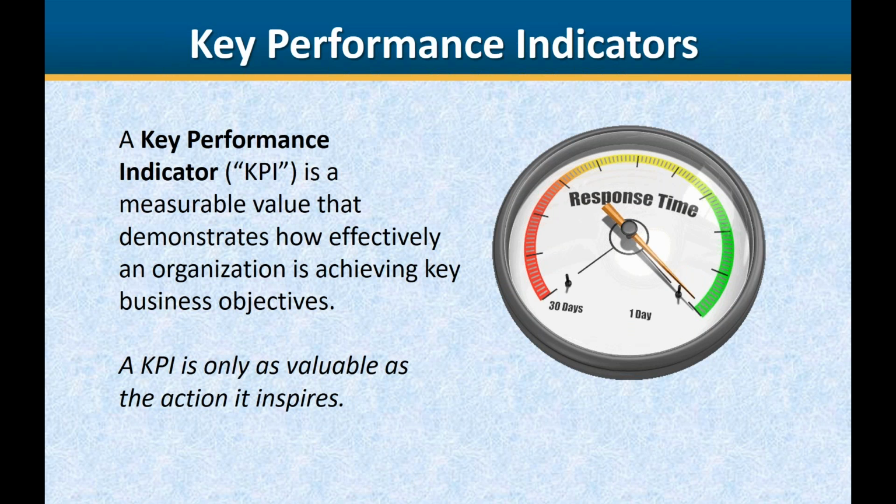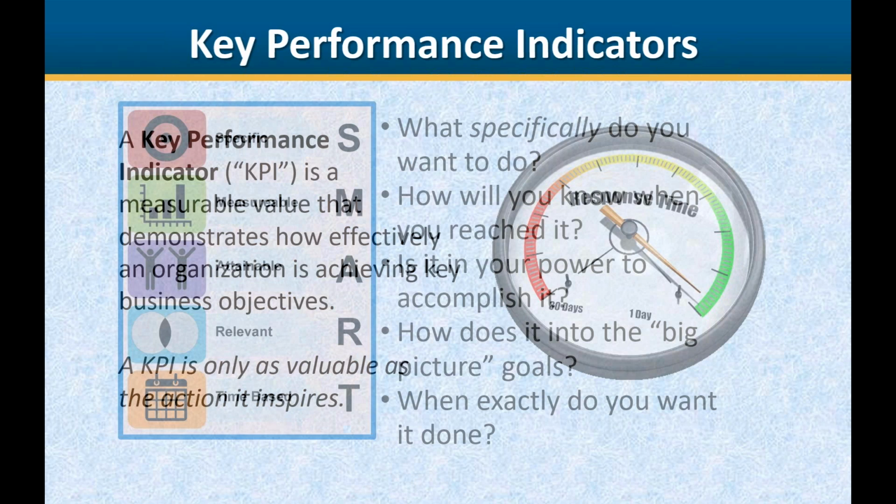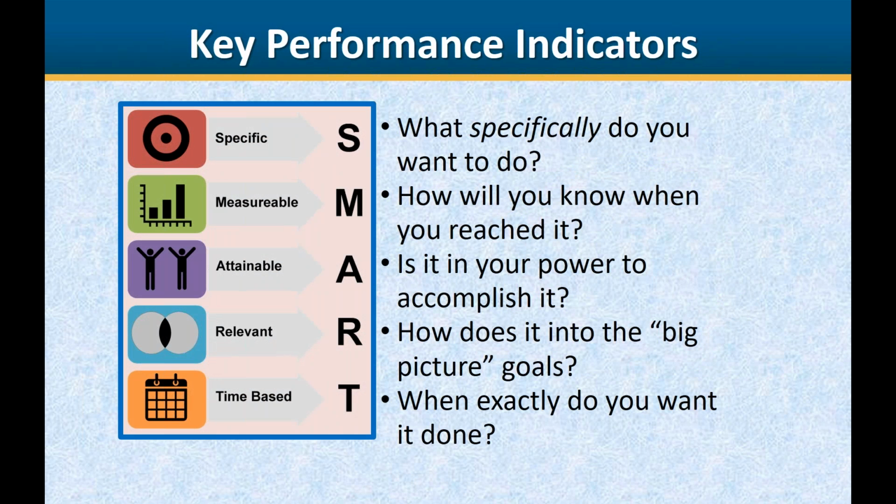It does reflect the underlying process that I'm trying to improve, and I can impact it. So it meets the criteria for a good KPI. But you want something that actually does reflect how the organization is achieving your business objective. And it's only as good as the action that it inspires. Now, I think everybody's heard of SMART, that SMART abbreviation. The words that go with it are often used differently.